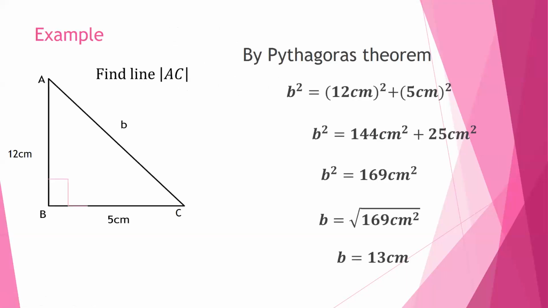Let me go back and explain something here. You had 12 centimeters in brackets squared, and we were able to get 144 centimeters squared plus 25 centimeters squared, and we had 169 centimeters squared. What you should note is that this square applies to the centimeters and it applies to the 12. You get it? It's this 12 squared that gave us 144, and centimeters squared gave us centimeters squared here.